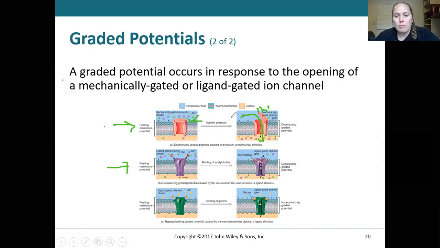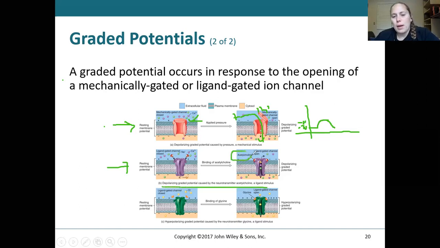Next, this is a depolarizing graded potential. If you were going to measure the positive charge of this and plot it, you would see it sitting at its resting potential, a mechanically gated depolarization occurs, and you get a positive bump, going up in the positive direction. So maybe from -70 to, let's say, -60. Next, we have a depolarizing graded potential caused by the neurotransmitter acetylcholine.